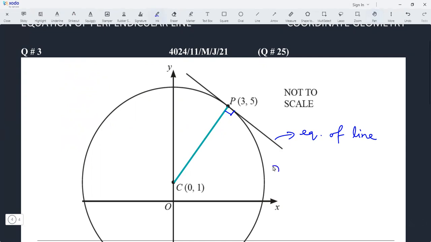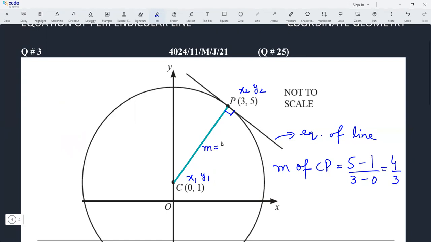The gradient for CP, supposing P as the second point (x2, y2) and C as the first point (x1, y1): y2 minus y1, y2 is 5 minus y1 is 1, divided by x2 is 3 minus x1 is 0. So 5 minus 1 is 4, 4 over 3. That's the gradient for the radius.